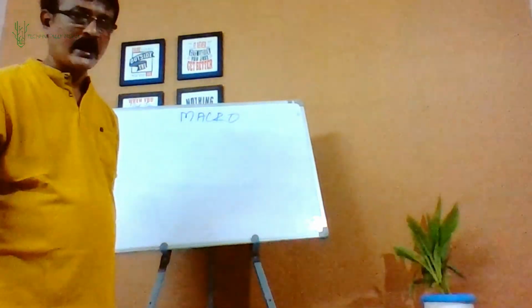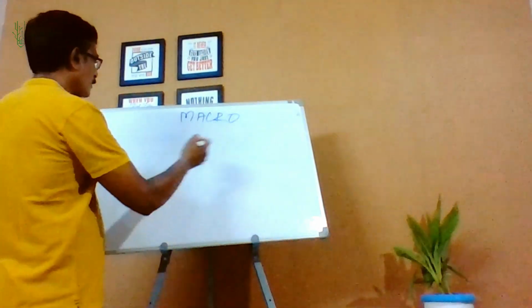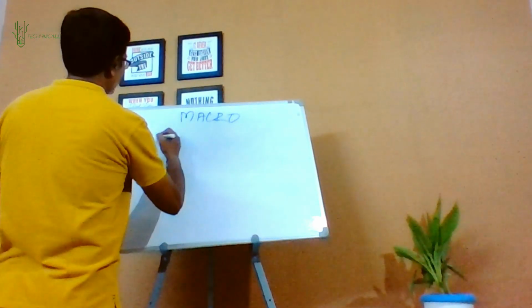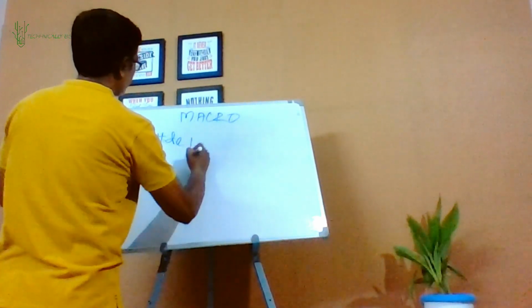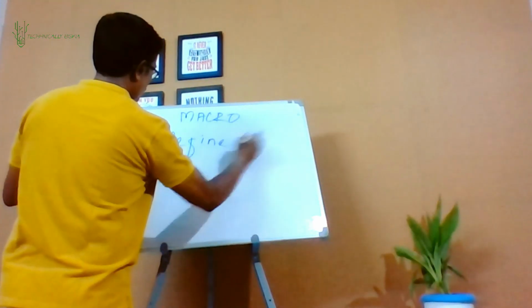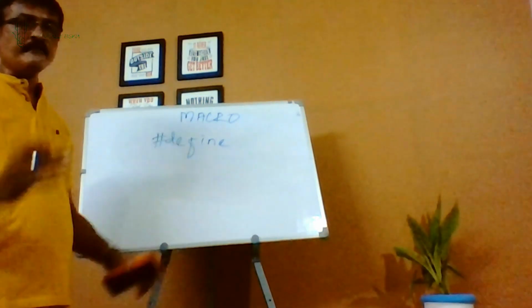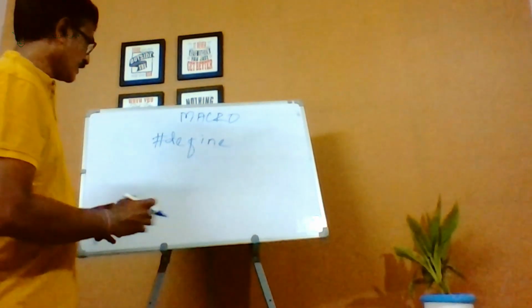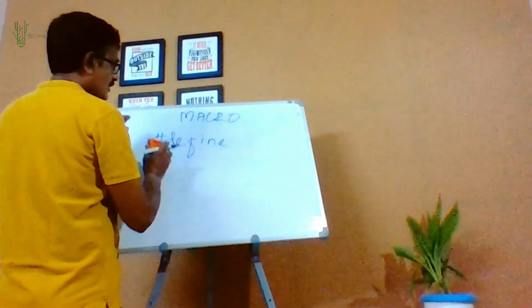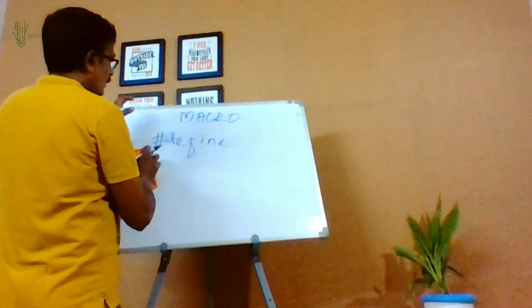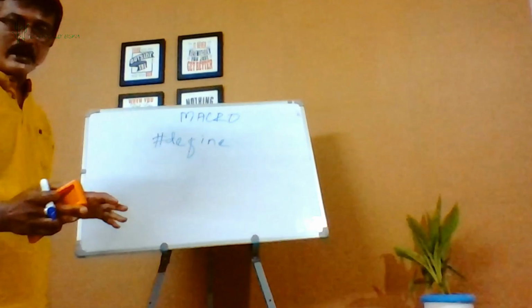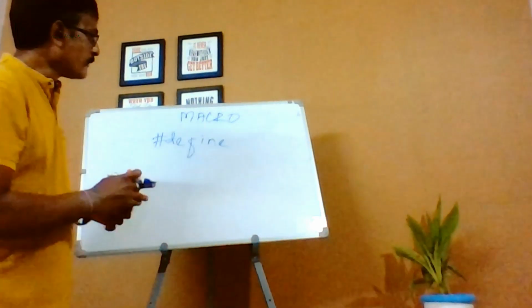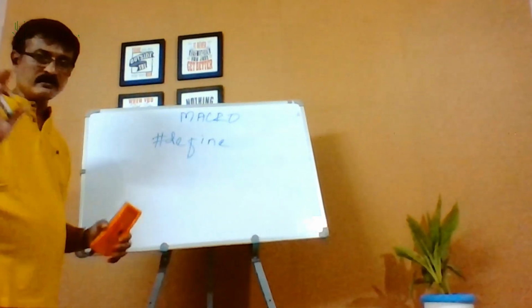But before I do that, let's understand that a macro starts with something called define. This is the statement which is used to define a macro. Now that a macro is defined, remember some rules about it. First, a macro can be defined anywhere inside the program.